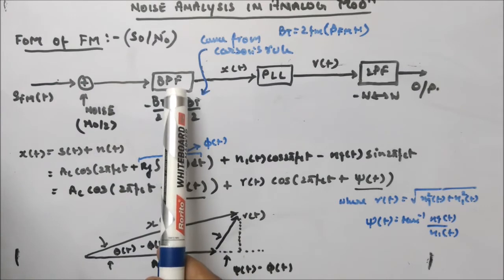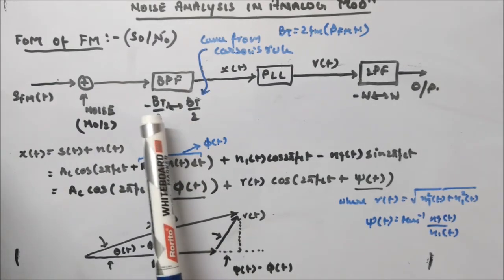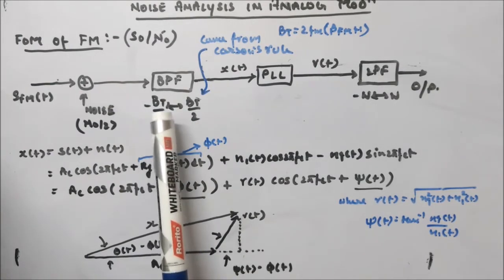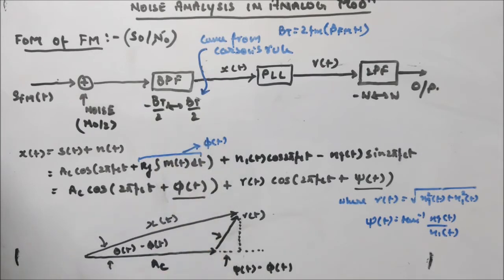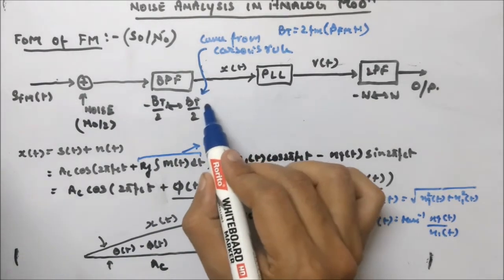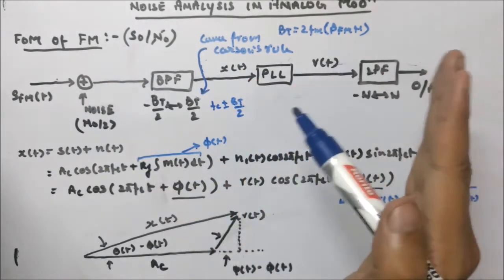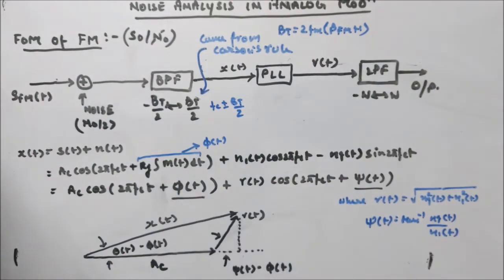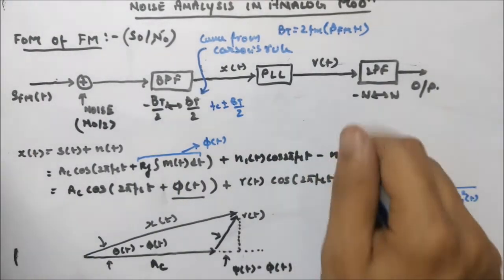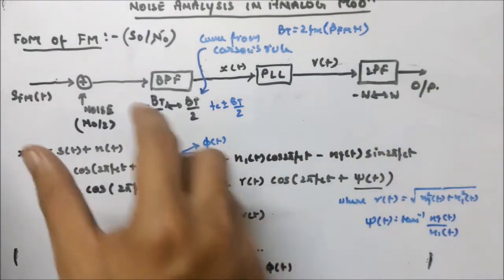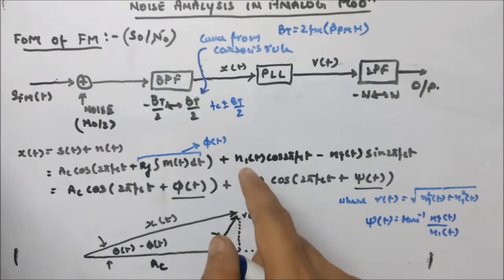It goes through a band pass filter whose frequency range is from minus BT by 2 to BT by 2, centered at fc. So it is like fc plus minus BT by 2: fc plus BT by 2 and fc minus BT by 2, on the positive frequency side and similarly on the negative frequency side.